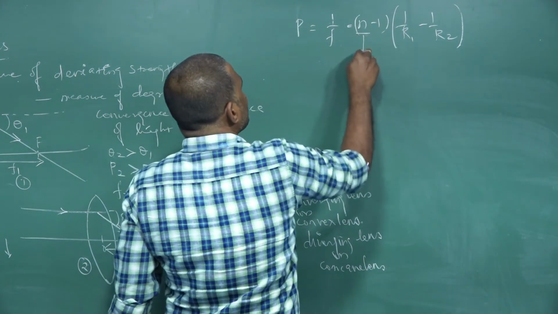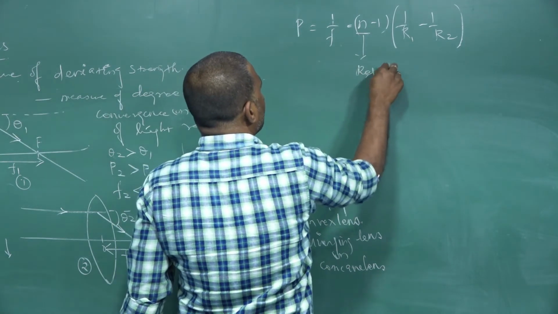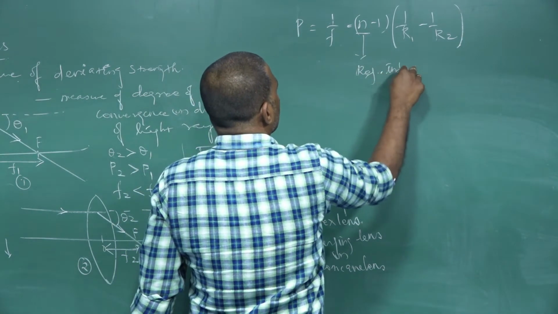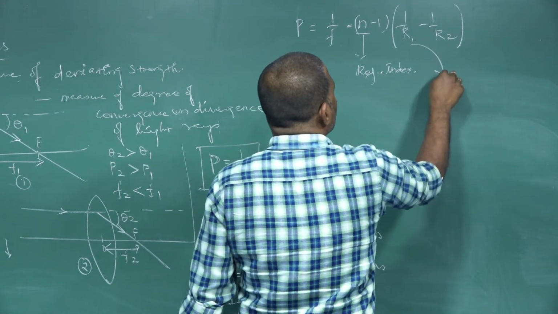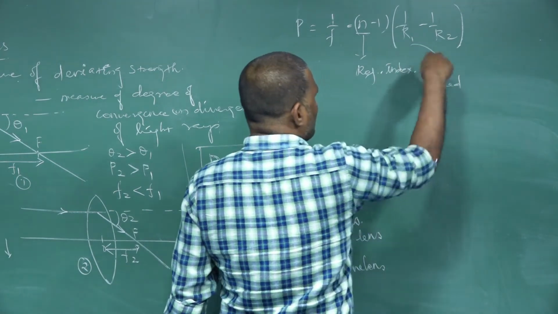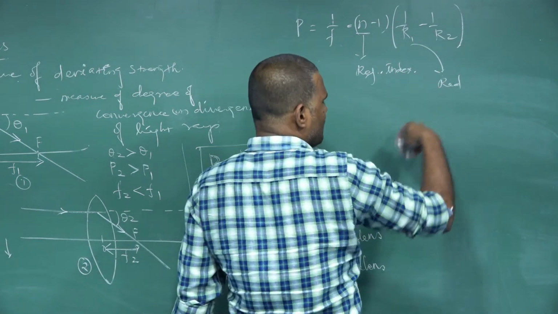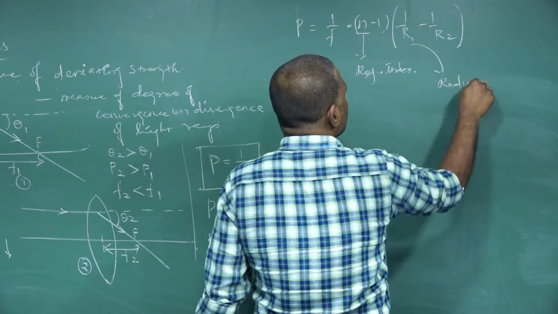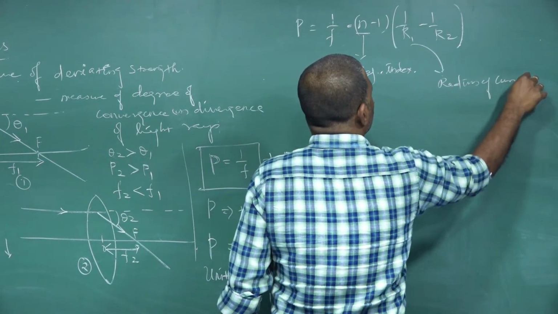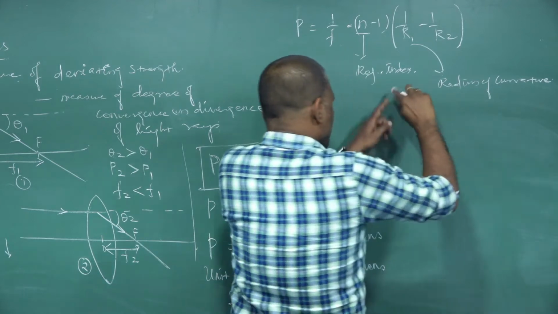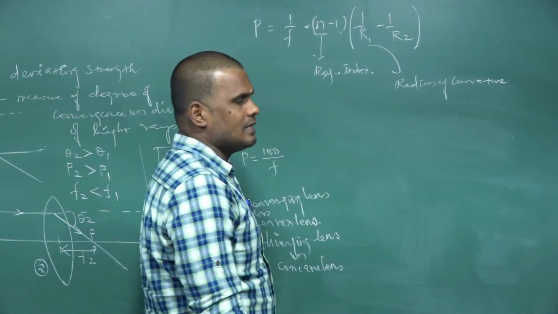Here n is the refractive index of the lens, and R1 and R2 are the radii of curvature of the spherical surfaces of the lens.